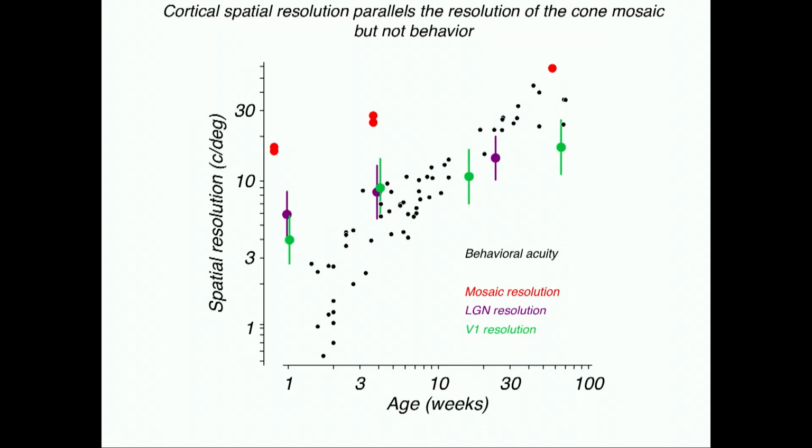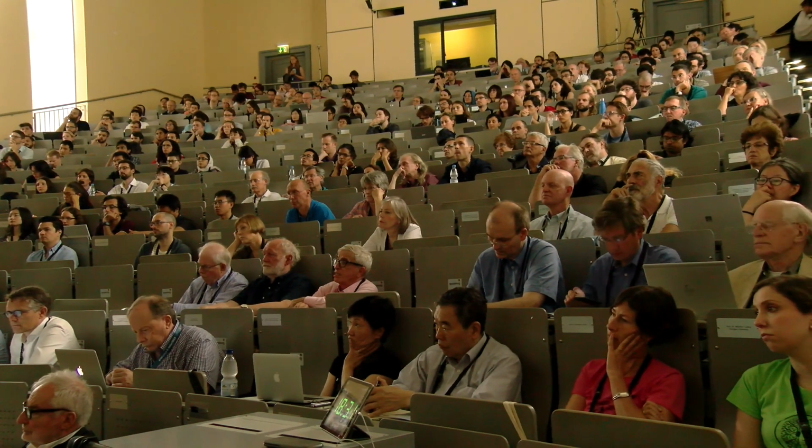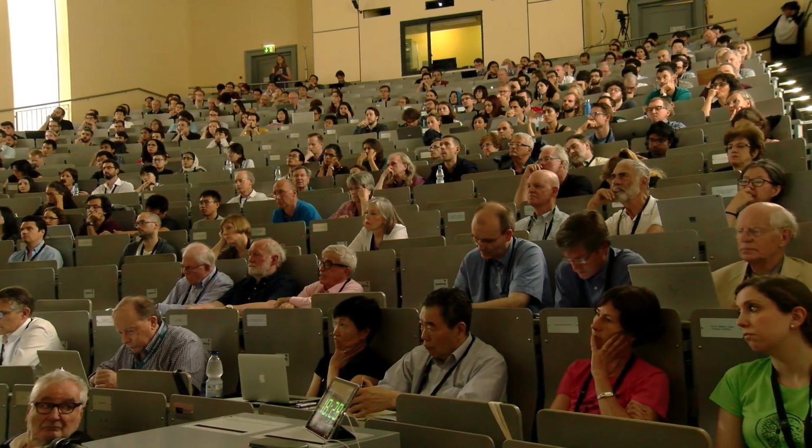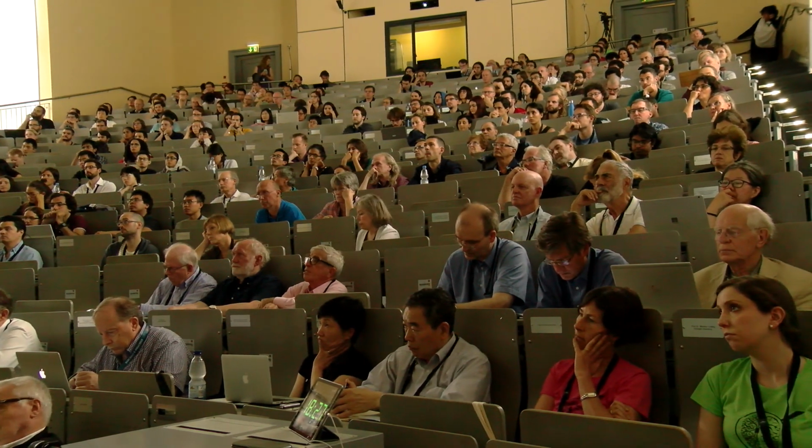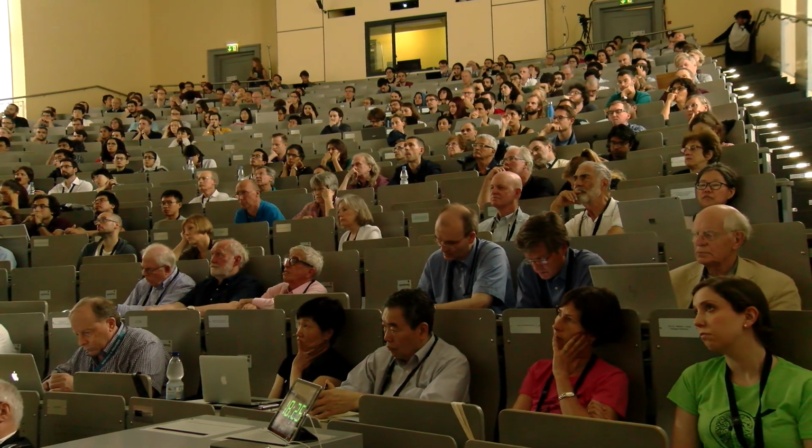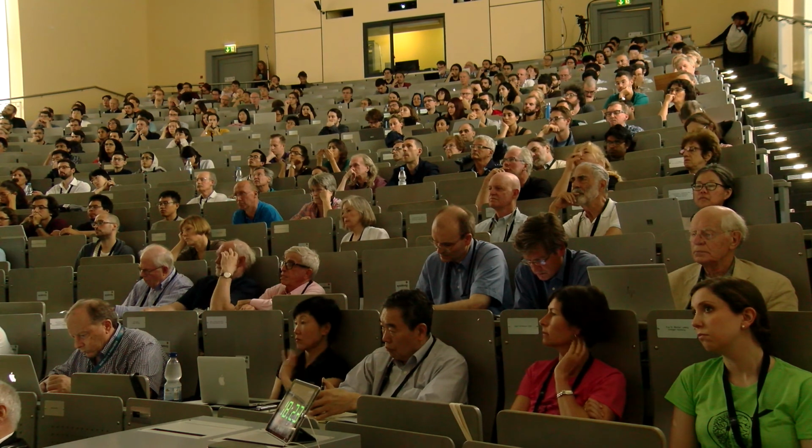And it's also the case that the development of resolution at the level of the LGN and at the level of V1 largely simply parallel the periphery. So resolution as set in the retina essentially sets a limit on the neural resolution going forward in the visual system at these levels, but those seem not to actually set a limit on behavioral change.